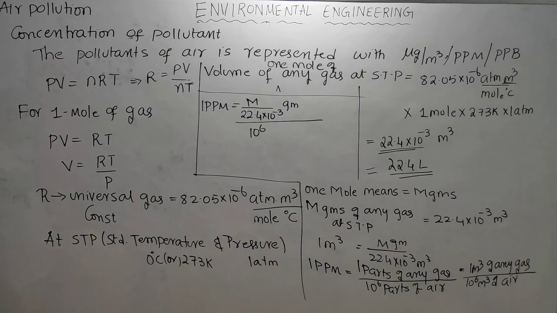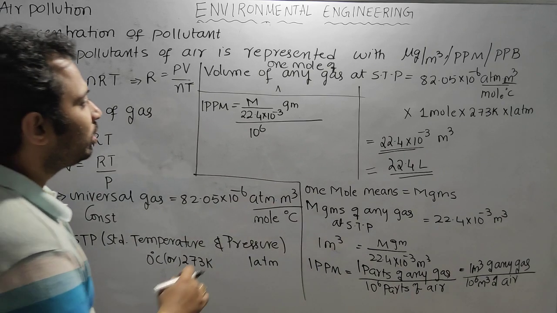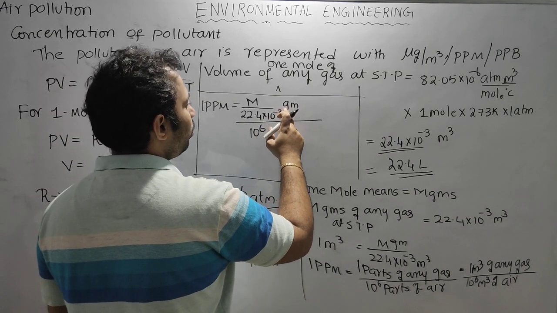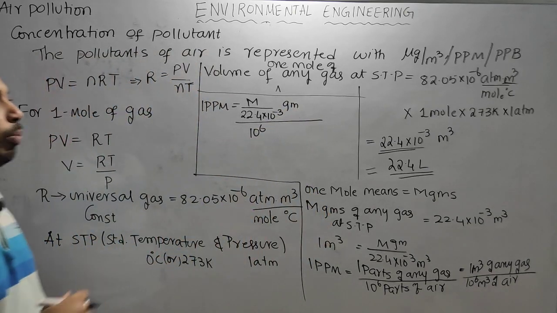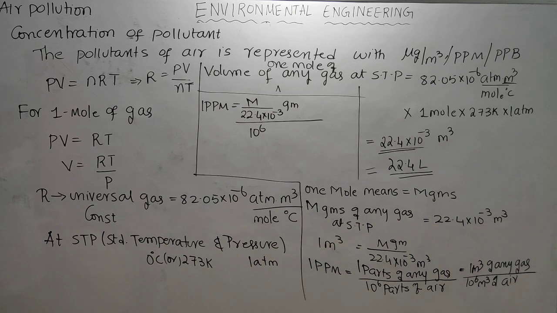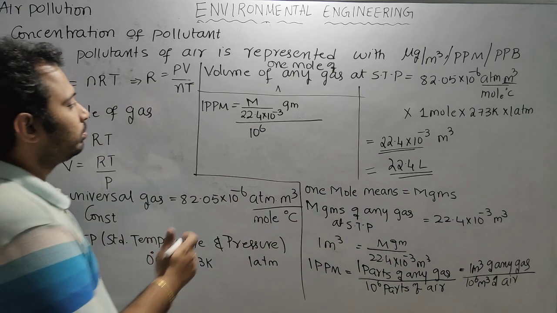m by 22.4. This gram I will convert into microgram. If I convert gram into microgram, it becomes 10 to the power of 6 microgram.